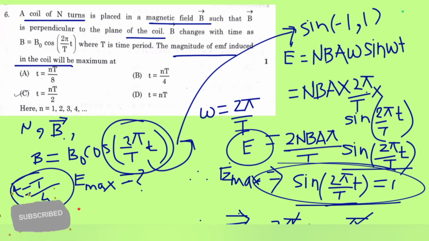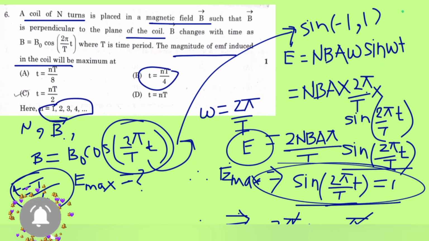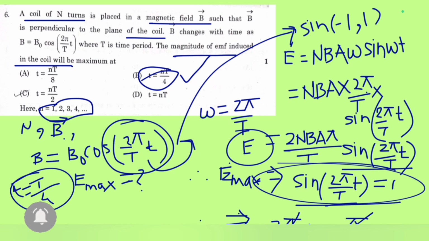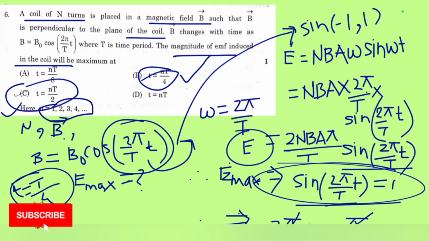If n is 1, 2, 3, 4, 5, there is one option given, t by 4, but it is multiplied with n. Why it is multiplied with n, I am not getting that answer correctly, but there may be some relation given there. According to me this answer should be correct, or otherwise the other option. These two answers should be correct here.